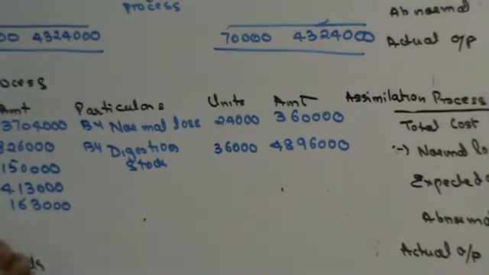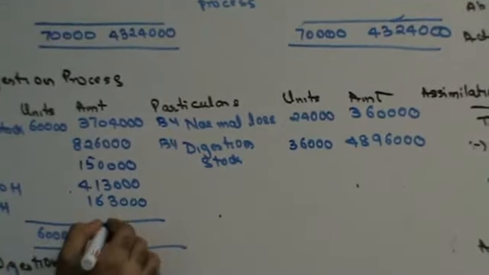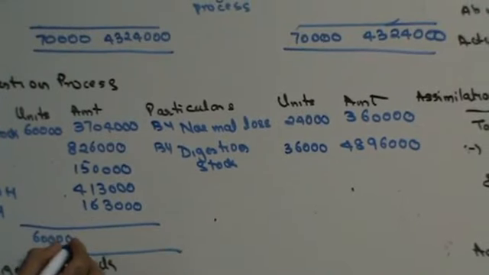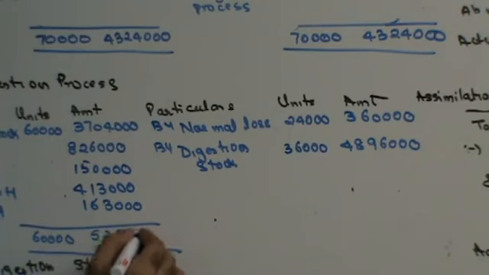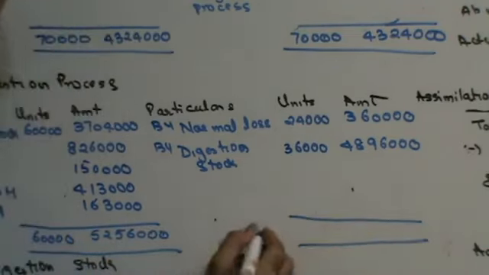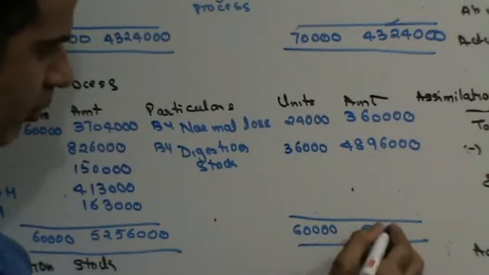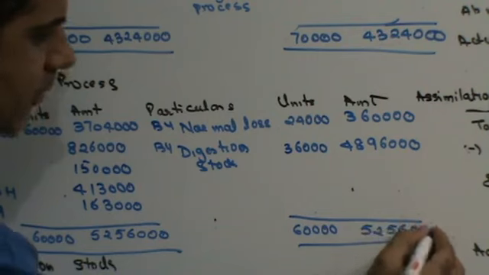Tally this. If you tally this, this is going to be 60,000 units and this is going to be 52 lakhs 56,000.